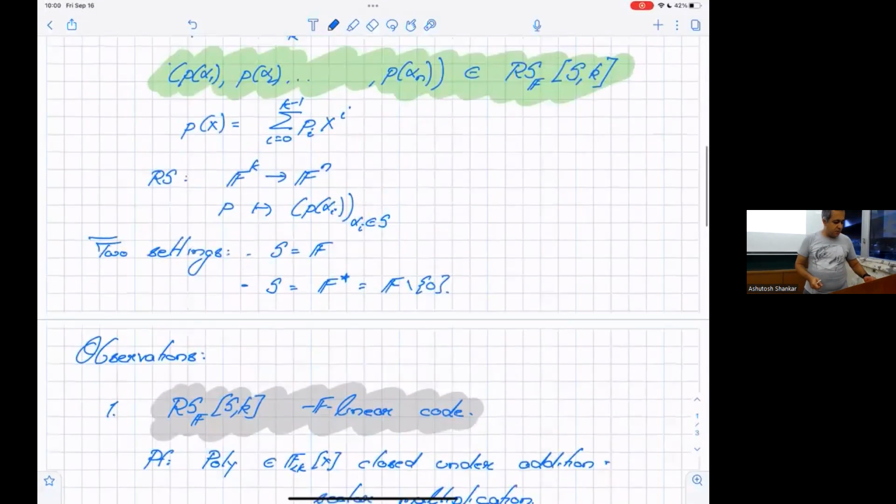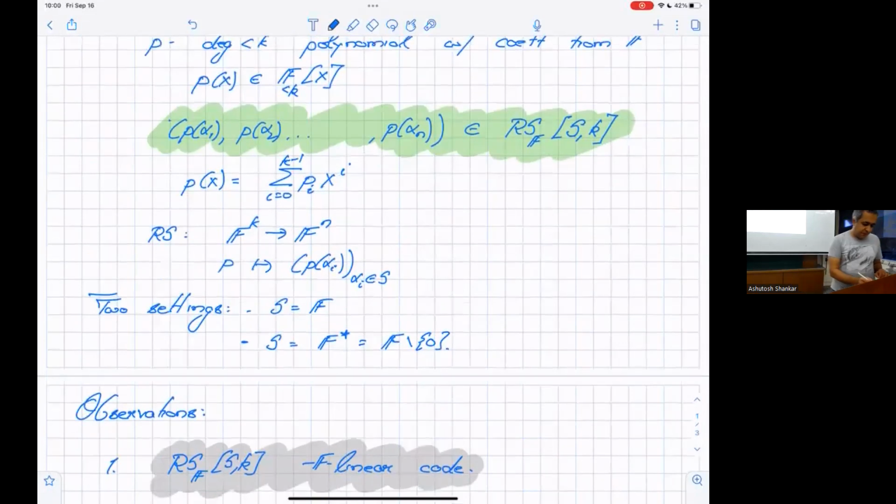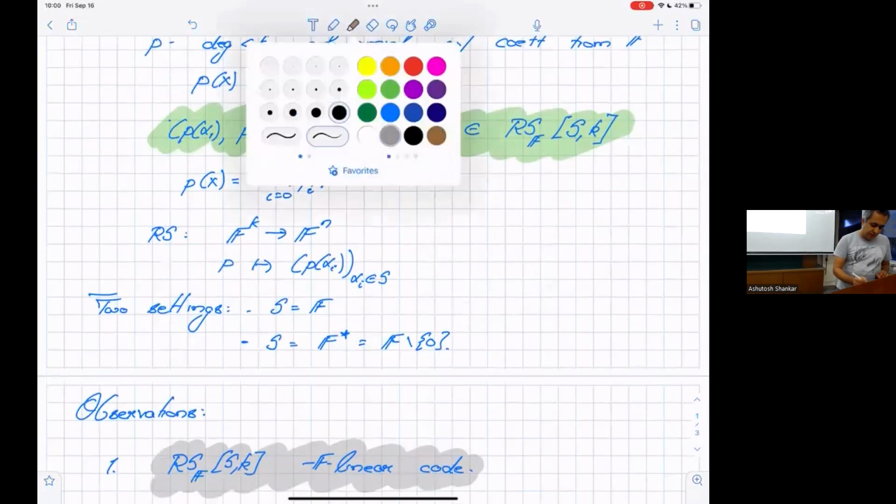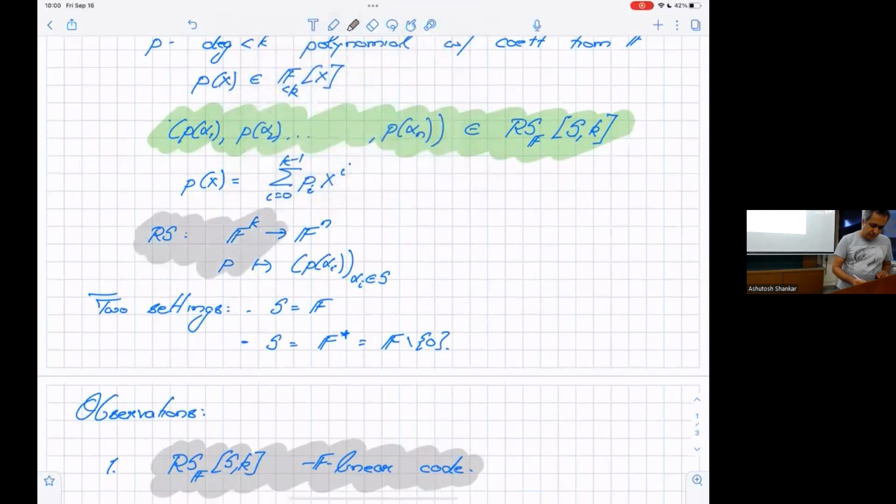So it's not onto, but it's certainly 1-1. In fact, it's not just 1-1: two different P and Q are different, and the corresponding evaluation vectors will look very, very different. They are going to disagree in at least n minus k plus 1 points.